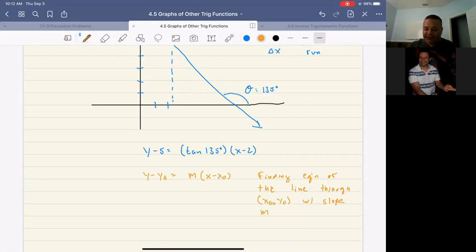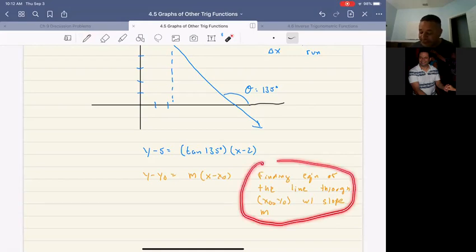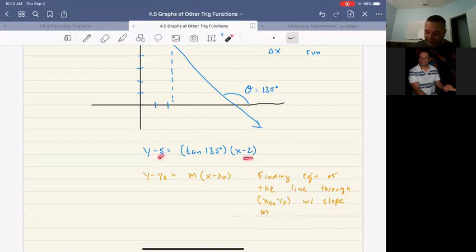So in this problem, which is a standard problem in lots of classes, including college algebra, you know the point and you know the slope. Here we know the point, (2, 5), and the slope is tangent of 135 degrees. 135 degrees is the same as 45 in the second quadrant, so that's going to be -1.